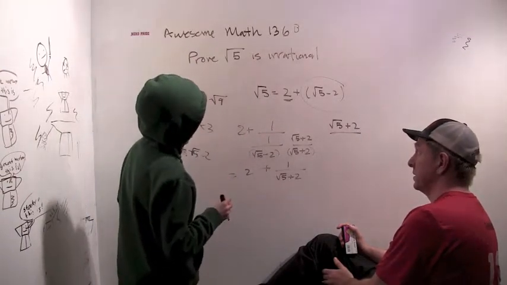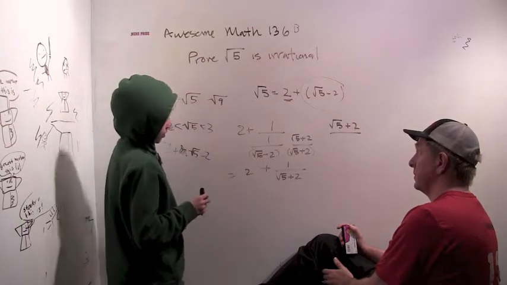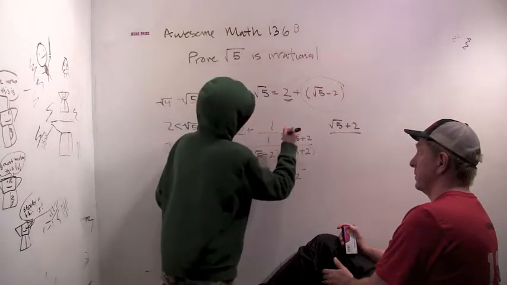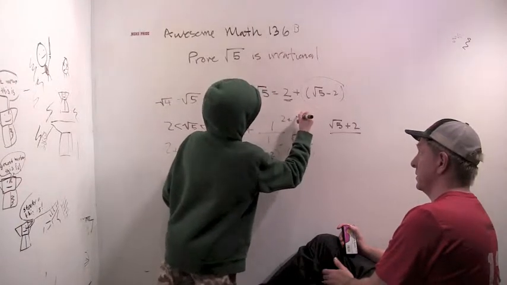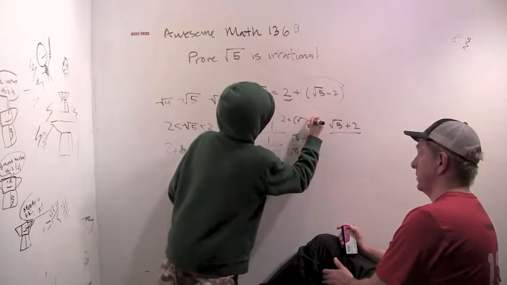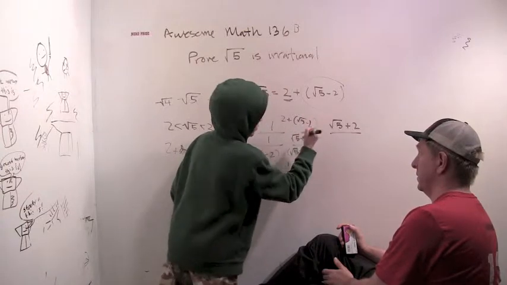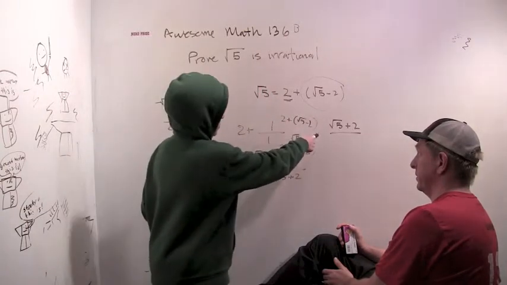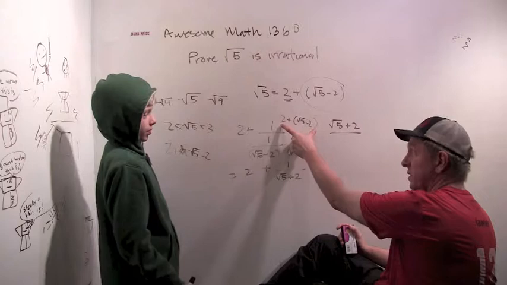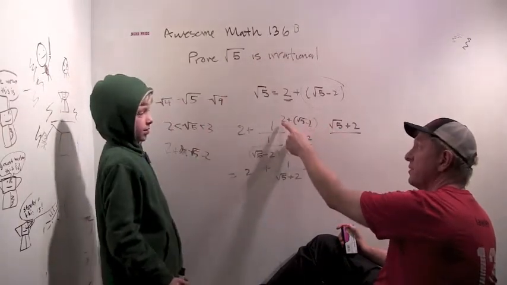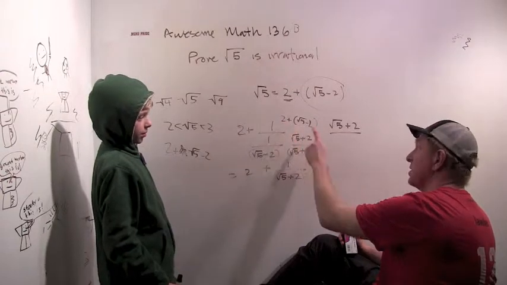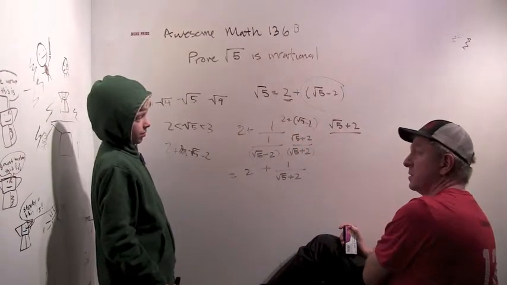It's 2 plus, we set up here, square root of 5 minus 2. So what is this equal to? Well, this is the integer part of square root of 5. That's the integer part of square root of 5 is 2. So what's the integer part of the square root of 5 plus 2?